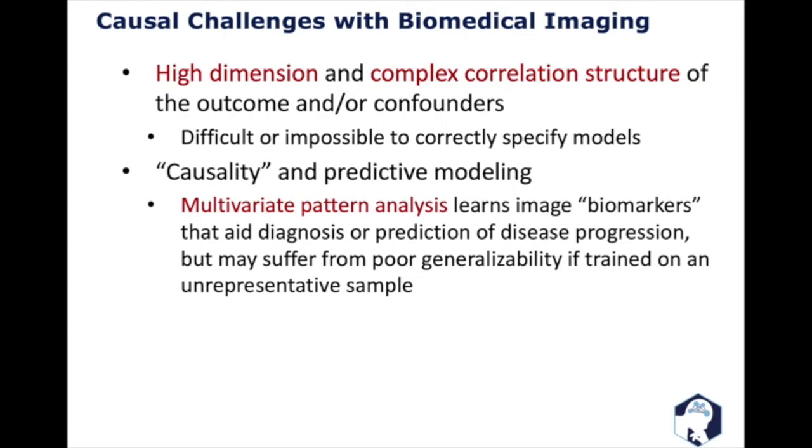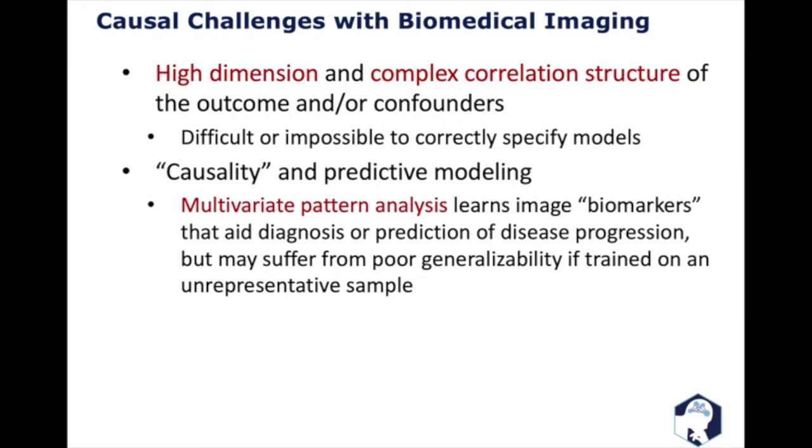There are also many issues when trying to think about causality in the context of predictive modeling. For example, with multivariate pattern analysis, we might use some sort of machine learning model to learn an image biomarker that might aid diagnosis or prediction of a disease progressing. But these types of models might suffer from poor generalizability if we train them on an unrepresentative sample.